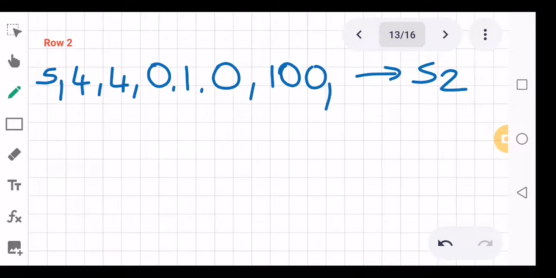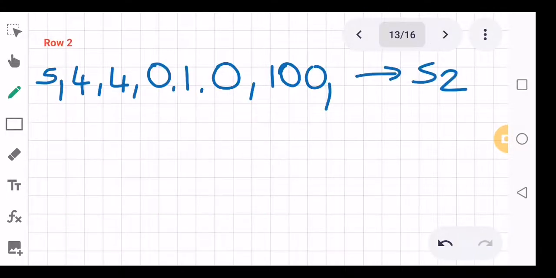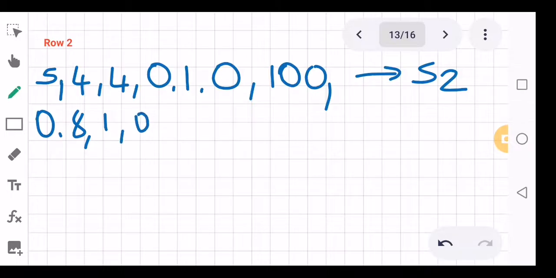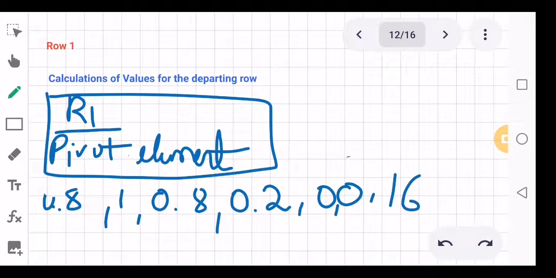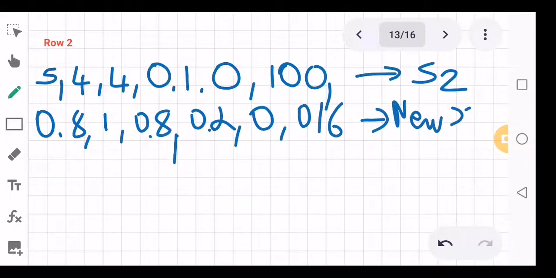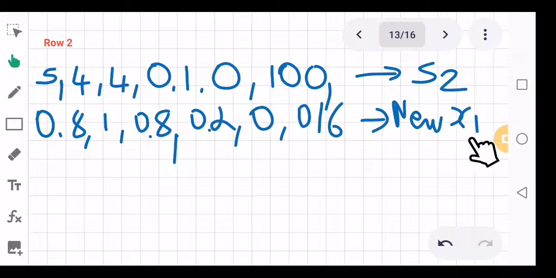These are values of S2, and the values of row 1 are 0.8, 1, 0.8, 0.2, 0, 0, 16. This is the new x1. I have written new x1 because I have taken this from this particular table.